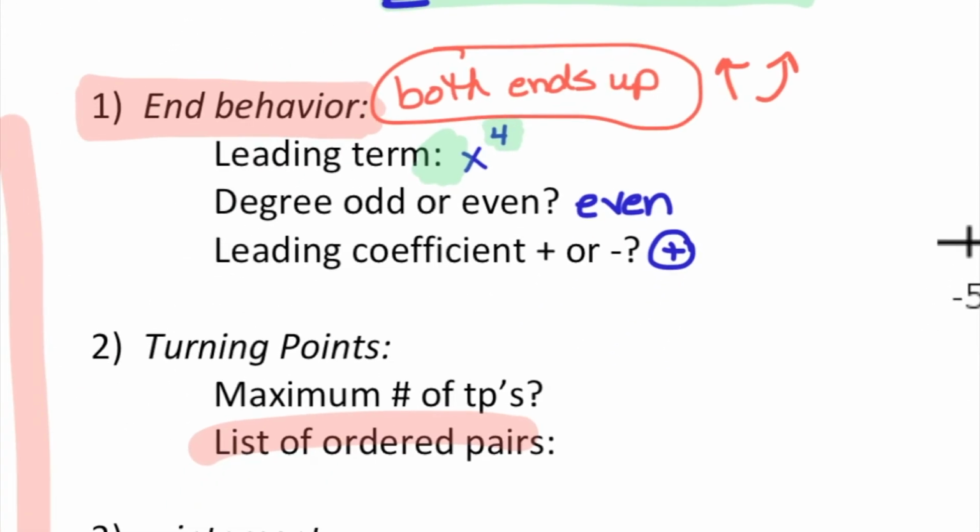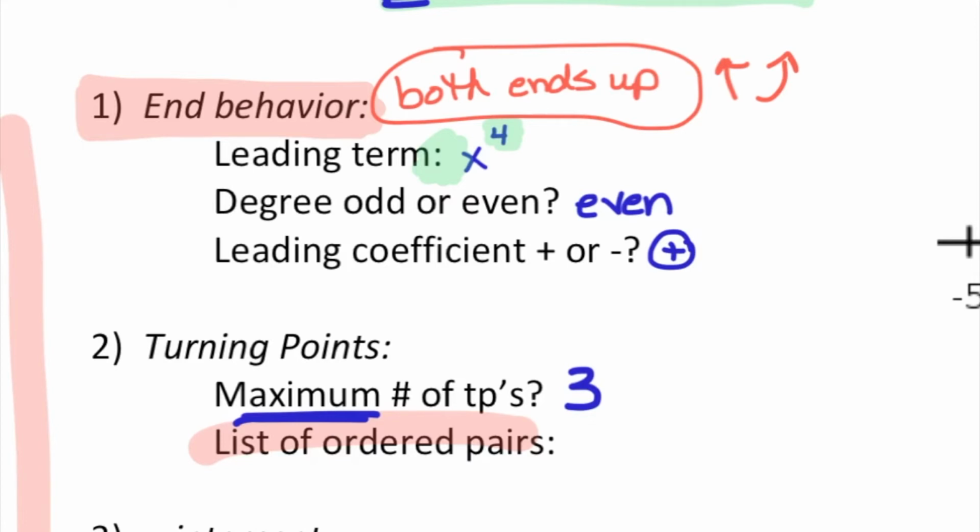Now, a fourth degree equation can have at most 3 turning points. It's always 1 less than the degree. And now is the first time that you would have to click over to Desmos and look at the graph. And I do see 3 turning points.